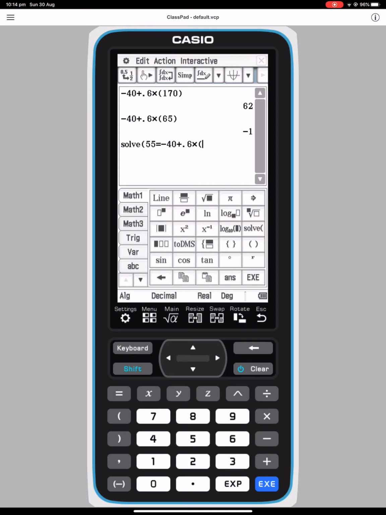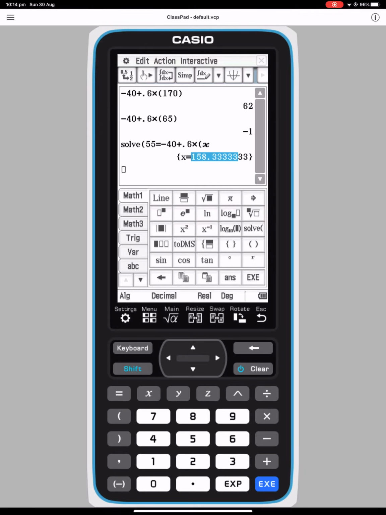So just let it equal x, and you know that represents height in this example. You don't have to close your brackets or anything like that. If you are using a TI, you do have to close your brackets, and you always have to comma with whatever variable you are using. So then I just press execute, and then it's going to make a prediction for the height.